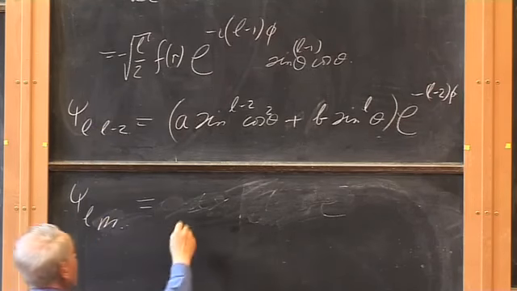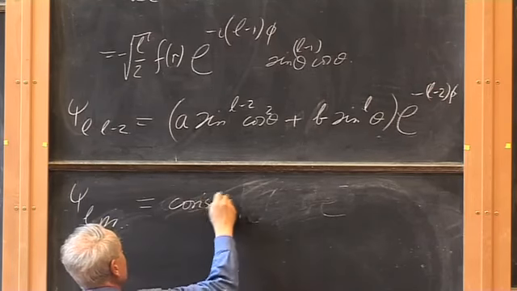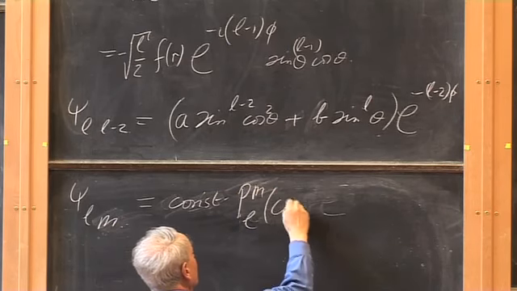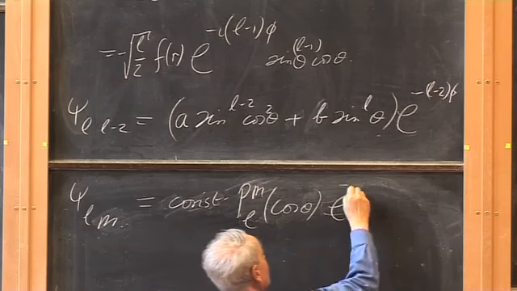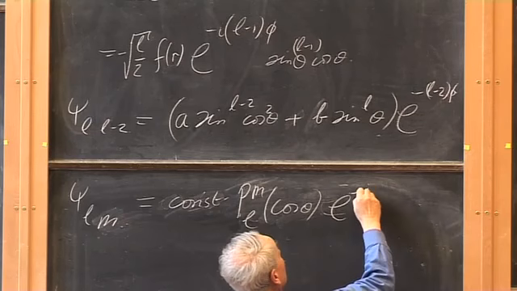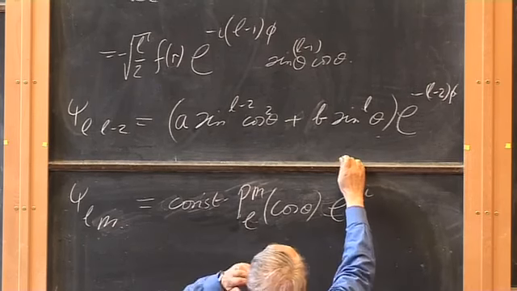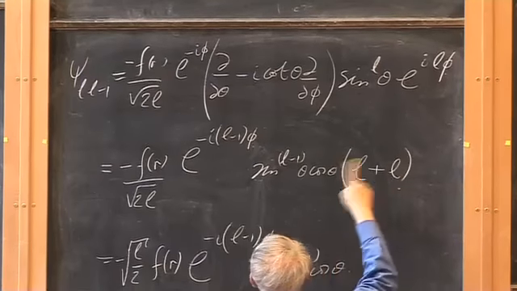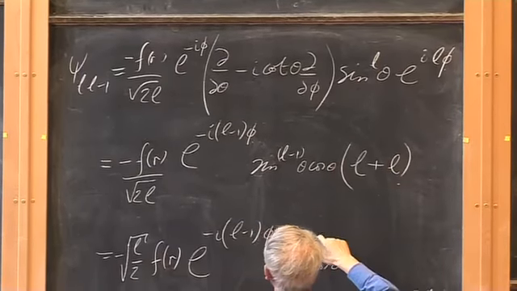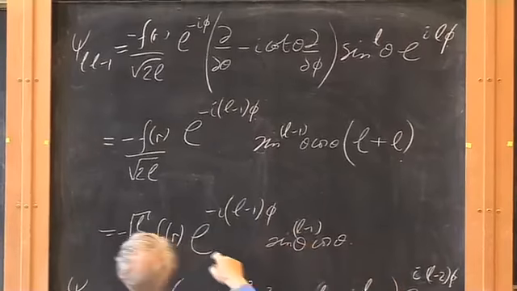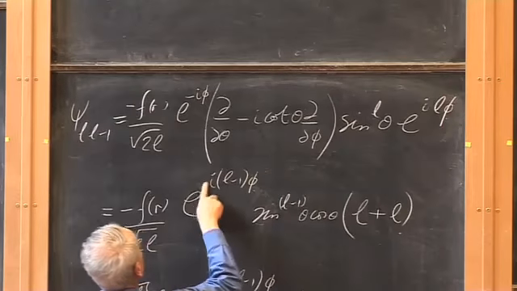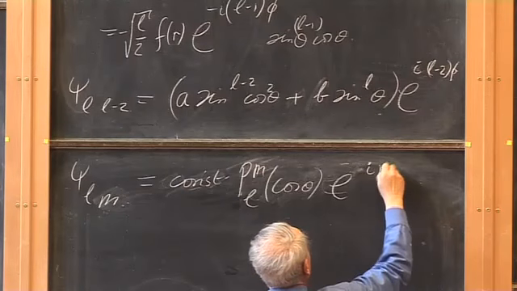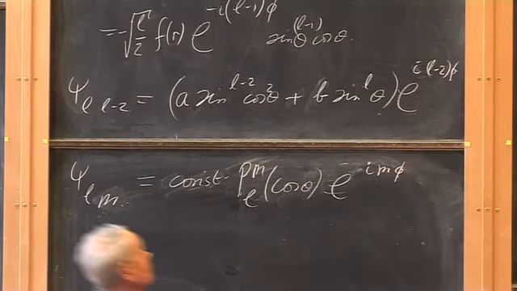If we just keep going, this will turn out to be a normalizing constant times the associated Legendre function PLM of cos theta times e to the minus, sorry, that's an I, not a minus, isn't it? Yeah. This should have been a plus. E to the I m phi.